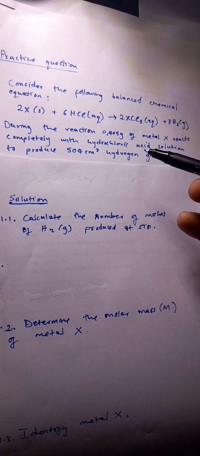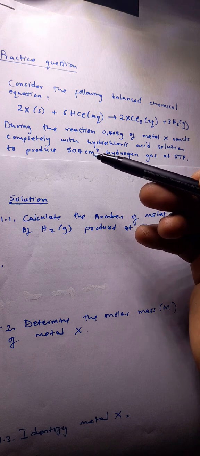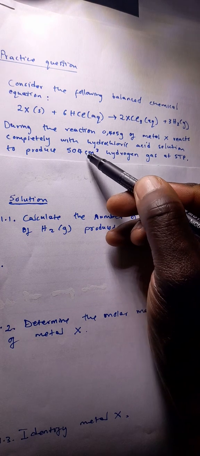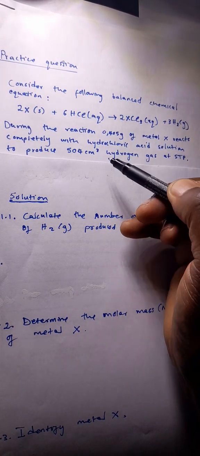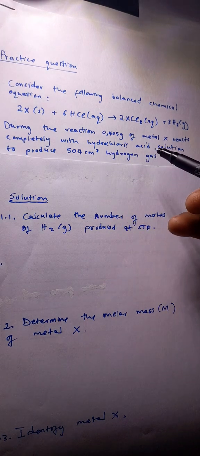Now, with hydrochloric acid solution to produce 504 cubic centimeter hydrogen gas at STP. What is this? This is the volume of hydrogen gas. It's not the molar volume, it's not Vm. It is V, because it's just the volume of hydrogen gas at STP.